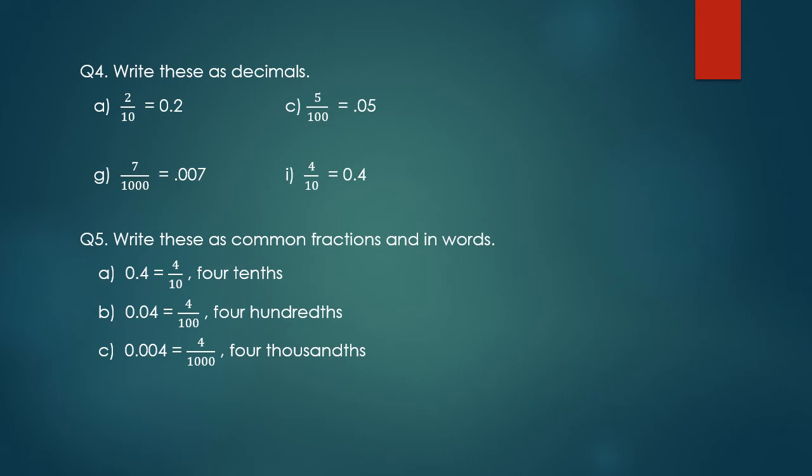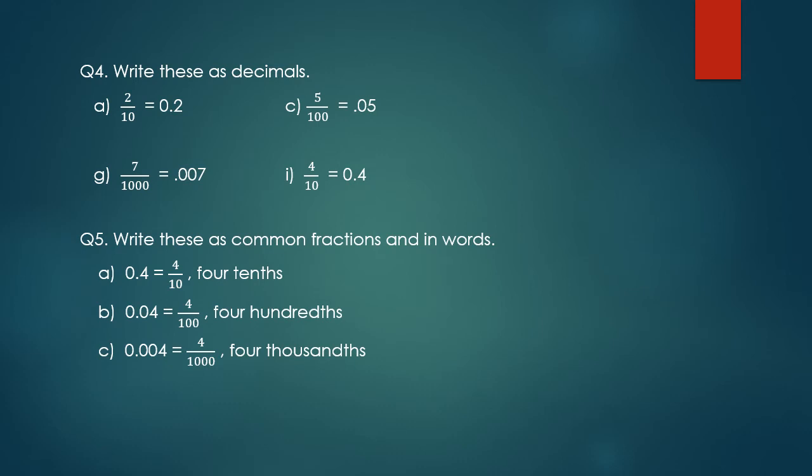Like in the first question, you are having one 0 in the denominator, so we will put the decimal before one digit. Now in the second question, we are having 2 zeros in the denominator, so we'll put our decimal before 2 digits. Now we are having only 1 digit in the numerator, so to make 2 digits, we'll write a 0 before the given digit.